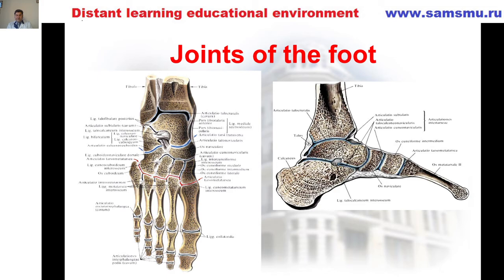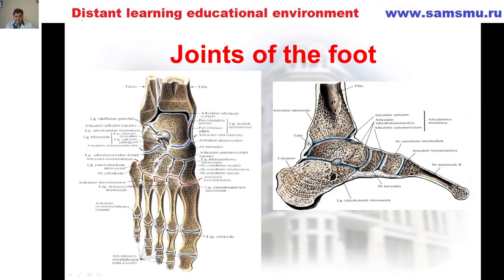The calcaneocuboid joint takes part in movement occurring in the subtalar and talocalcaneonavicular joints by increasing their range. The calcaneocuboid joint together with the talonavicular joint are often described under the common name transverse tarsal joint, Chopart joint.